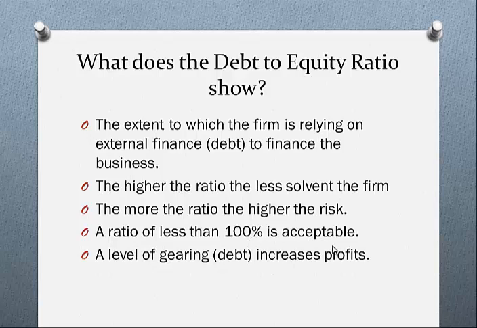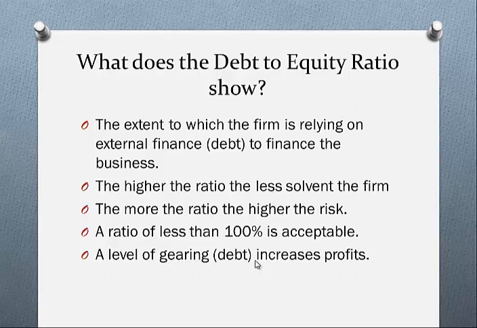One thing that must be noted, however, is that the level of gearing increases profits. So in one sense, having some level of debt is good. If I want to increase my business and borrow the funds to buy a new machine, something that's going to generate income, for example, that's getting income and hopefully profits.